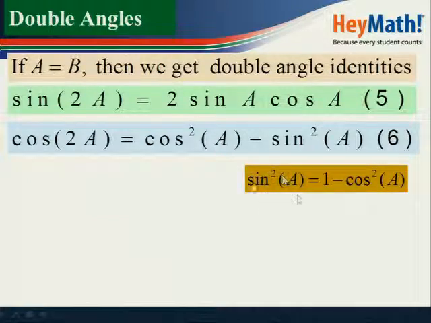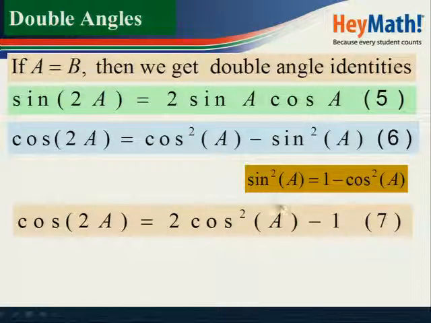So if you make sine squared A the subject of the formula, then sine squared A will be equal to 1 minus cos squared A. So if you substitute sine squared A by 1 minus cos squared A, what will you get? You've got cos squared A minus, in brackets, 1 minus cos squared A. If you simplify that, you'll get 2 cos squared A minus 1. And this is also another double angle identity for cos.